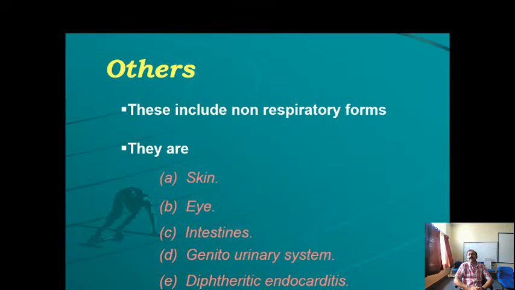So where else can we have infection other than the respiratory tract? It can go and cause infection in the skin, the eye, the intestines, the genitourinary system, and diphtheritic endocarditis. Let's see that.